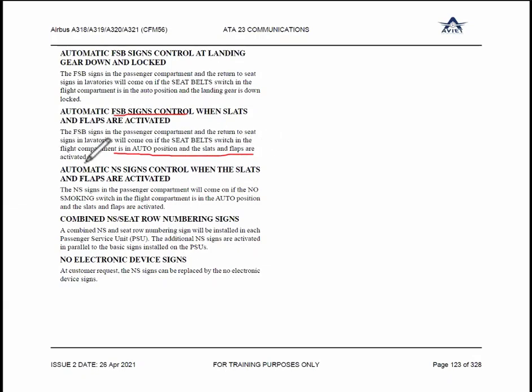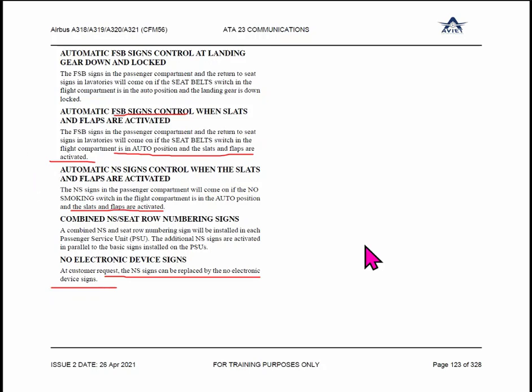Slat and flap are activated. Right. All these positions are controlled by the slat and flap. No electronic devices: a customer request can also do the no electronic devices sign in place of the no smoking sign.